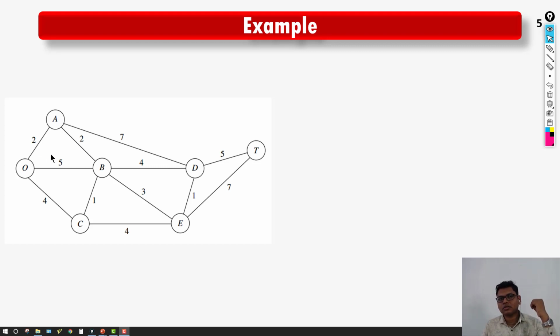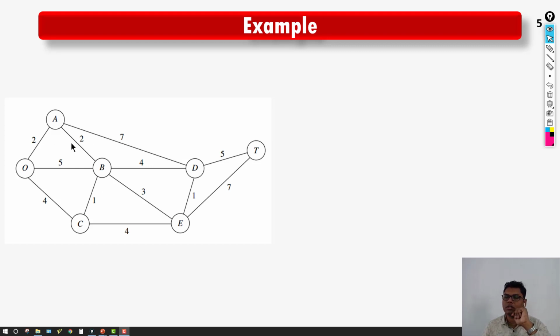Here it is written 2, which means that in a day on this road only two trams can go from O to A, maximum 2 on this road. Similarly, from A to D, 7 trams can go in a day.